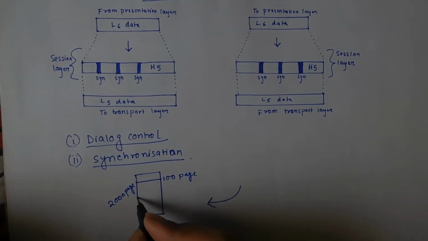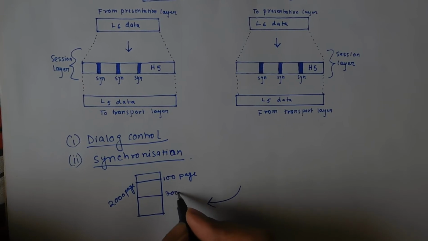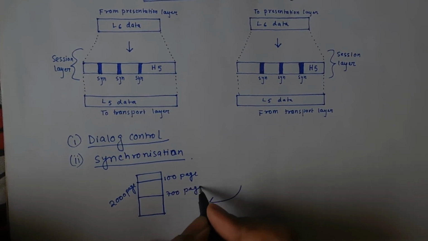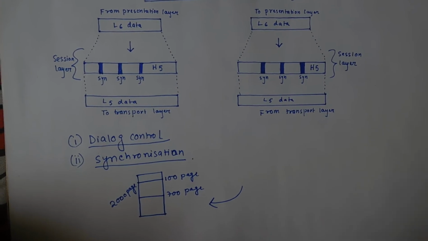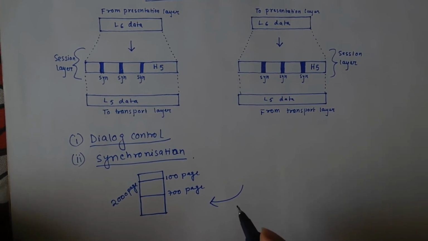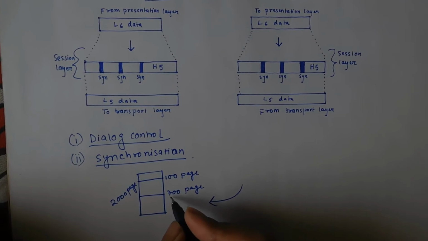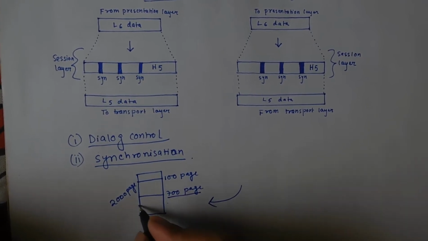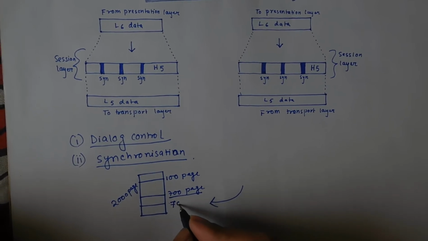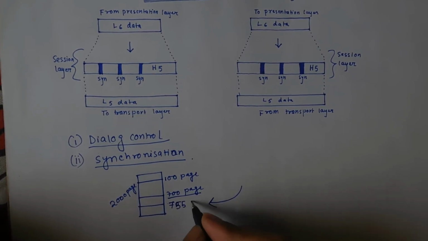In this way, suppose it gets 700 pages, and after 700 pages, suppose a fault occurred in page 750.